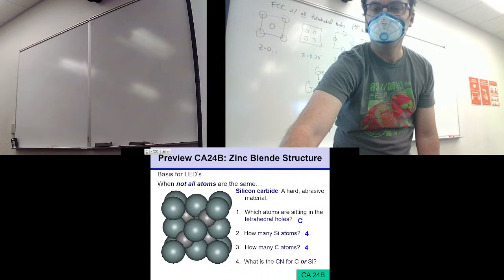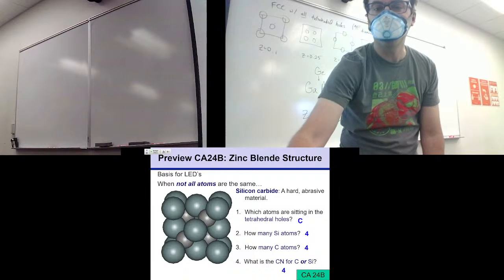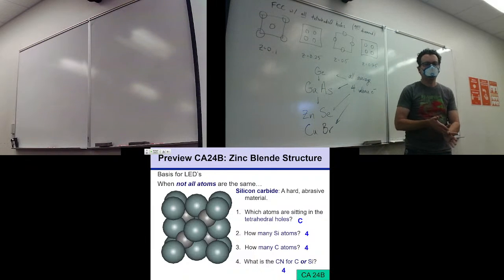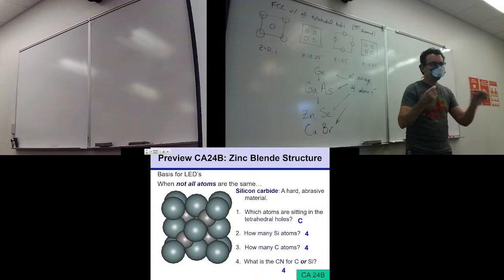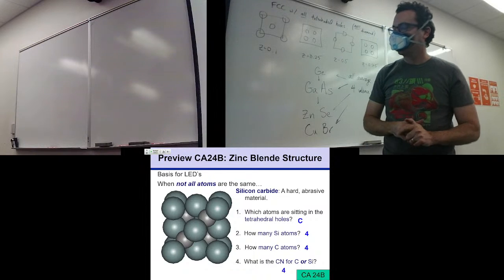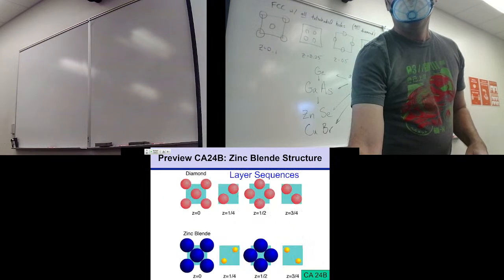1 silicon, 1 carbon. And so the coordination number for carbon or silicon, doesn't matter, is always going to be 4. Every atom in the diamond-like structure, or in this case we're going to call it the zinc blende structure because it's 2 different elements, has a coordination number of 4.